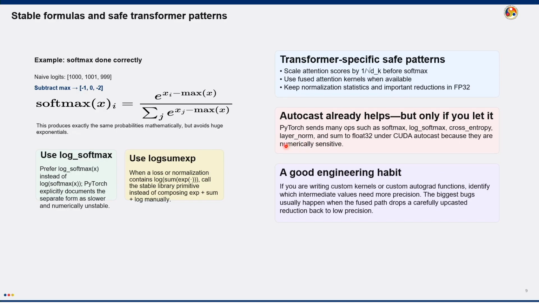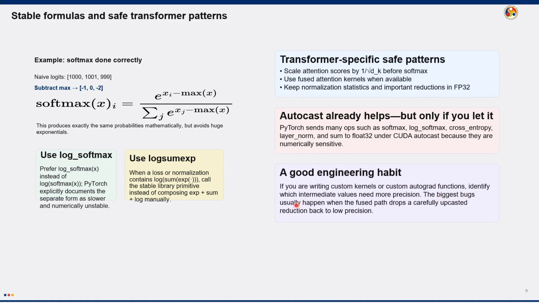And if you are keeping outside of the scope of autocast, then you have to apply the stabilization into the computation. So, if you are writing custom kernels or custom autograd functions, identify which intermediate values need more precision based on whether you are going for matrix multiplication, convolution, or other computations.